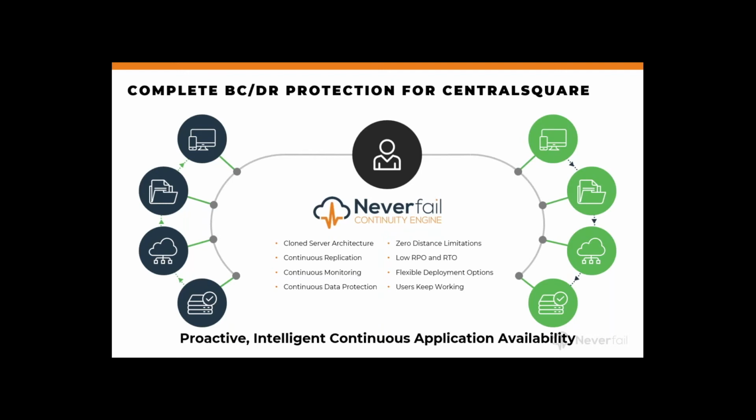All of this is surrounded by a data protection layer that sits on top of the replication system and allows you to take periodic snapshots of the data sets that we're protecting, so that you can roll back in the case of some type of major corruption to the data sets. This is where cybersecurity protection comes in.